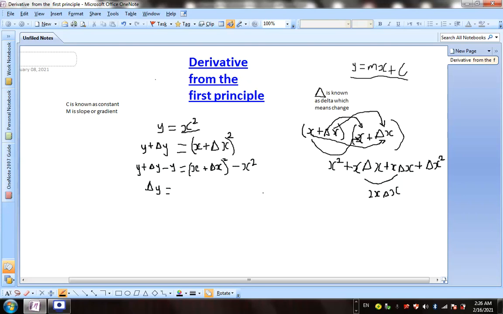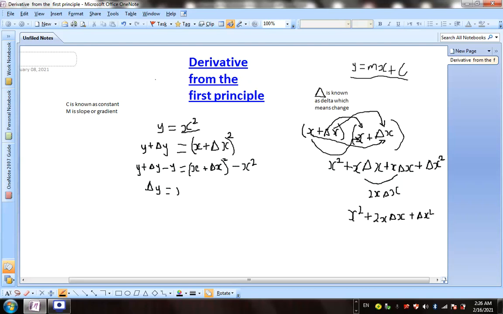So finally, we have the expansion x squared plus 2x dx plus dx squared.